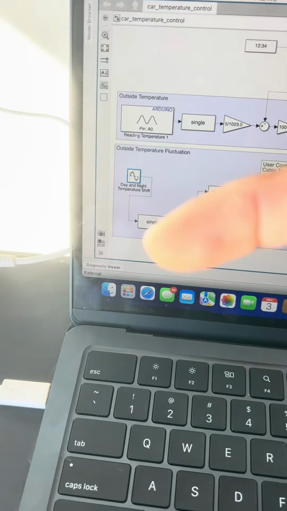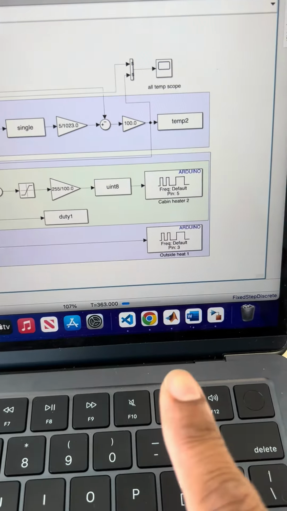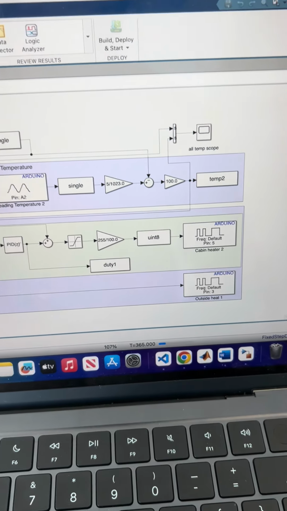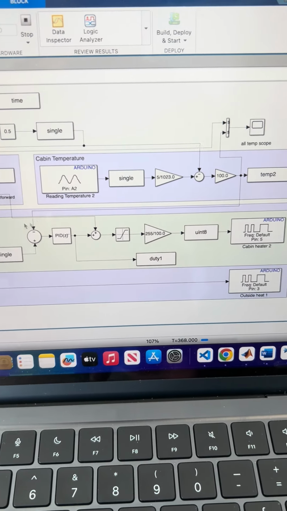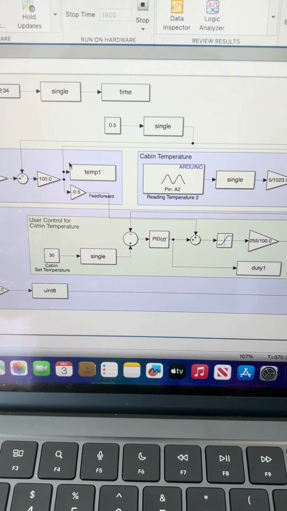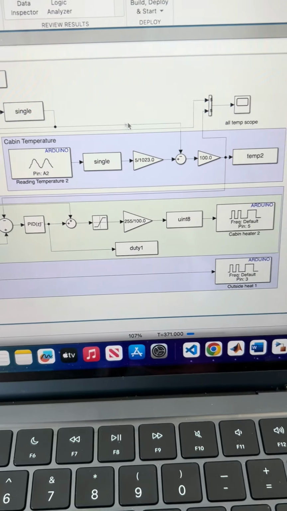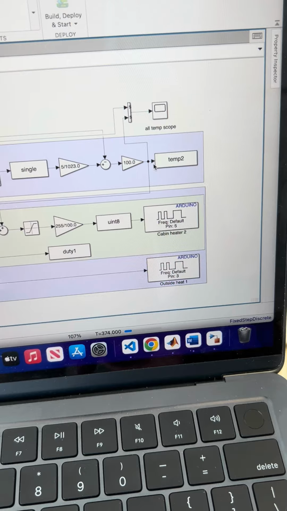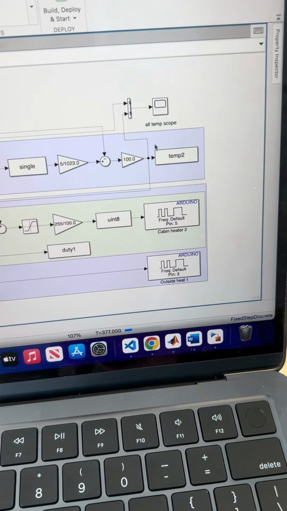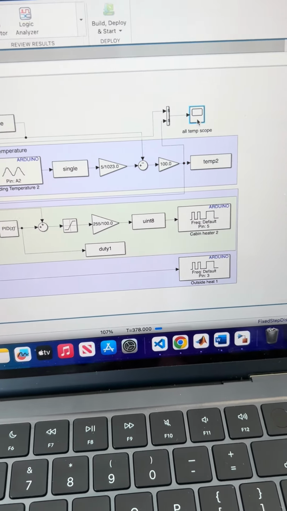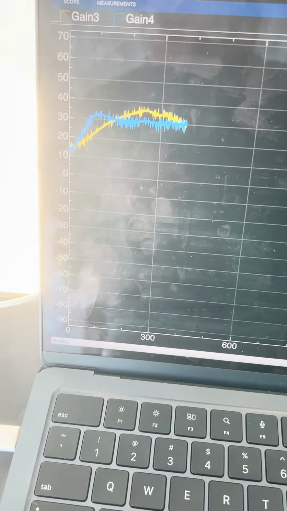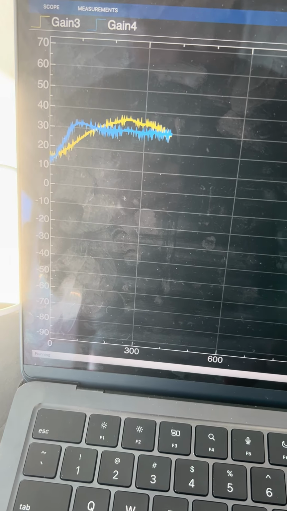So I've been running this for a while. Right now it's been running for 363 seconds, so we can monitor this. The way I'm monitoring this is I get the temperature 1 from outside temperature feeding into this mux, and then the cabin temperature. And we'll see from the scope, that's what we have right now.